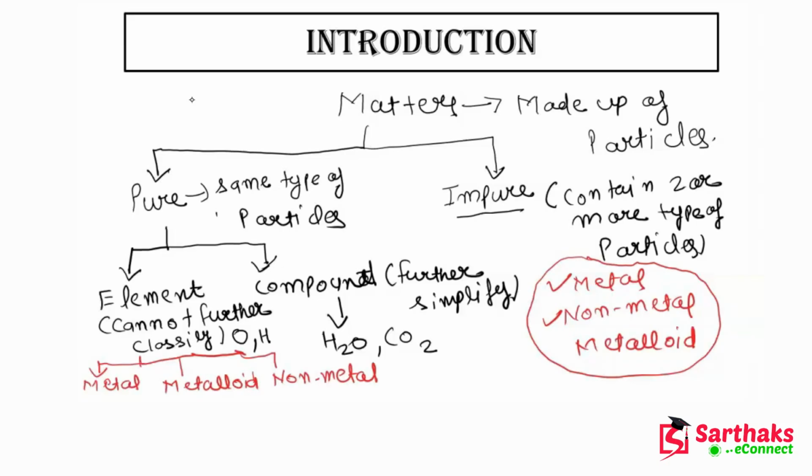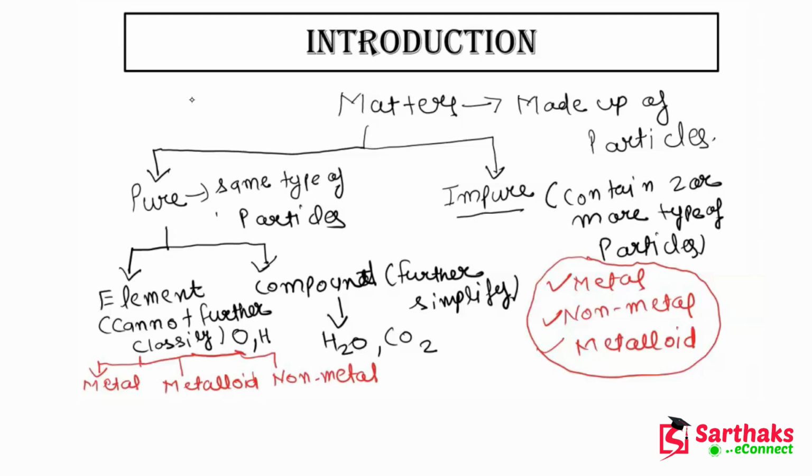So most of the elements in nature are metals. Non-metals are very few as compared to metals, and metalloids are very few in number. Metals are found in very high number, non-metals are fewer and metalloids are the fewest.